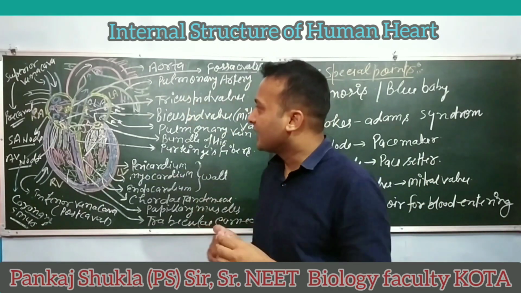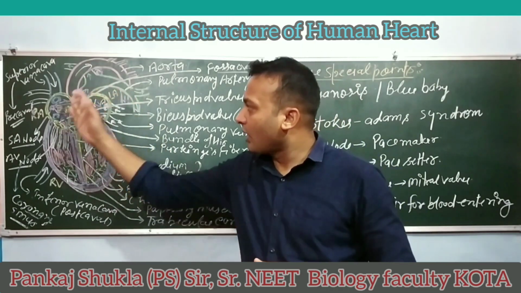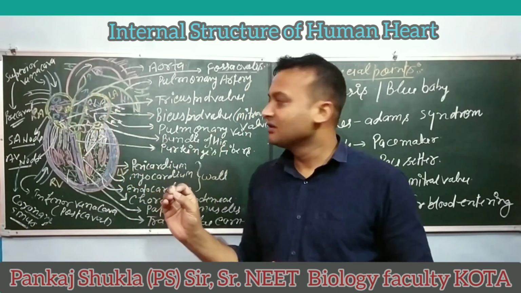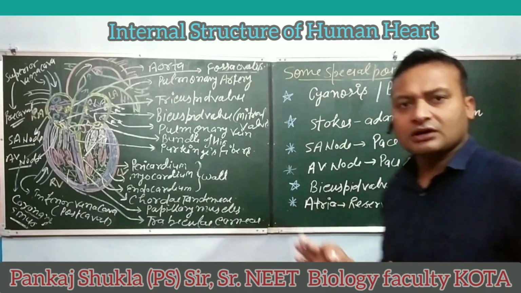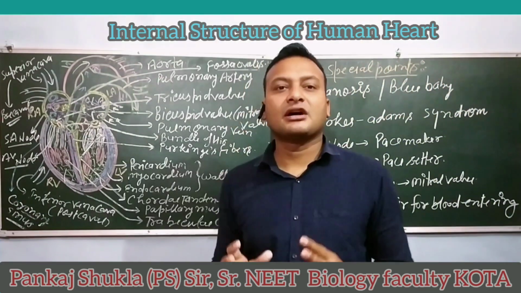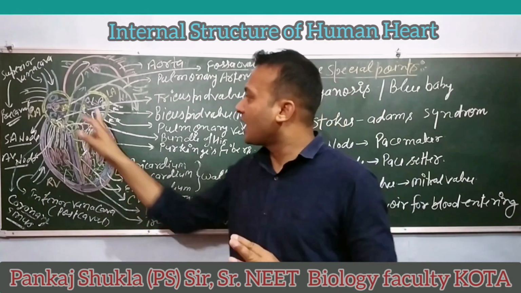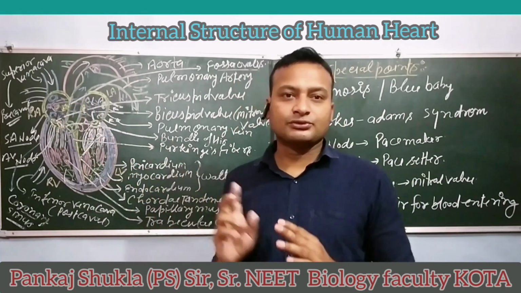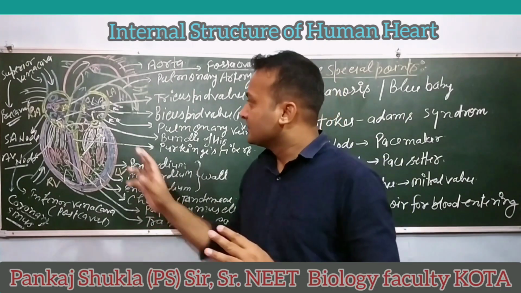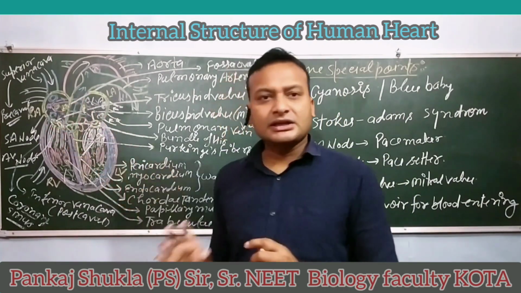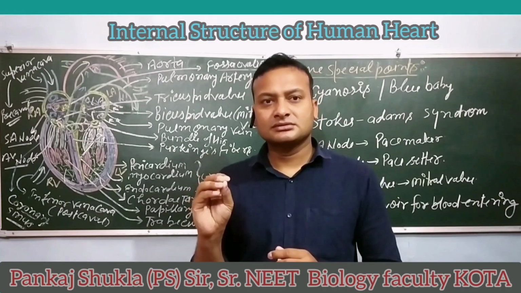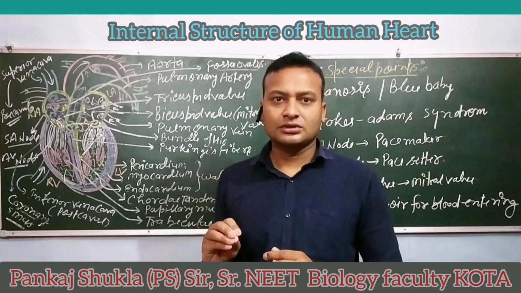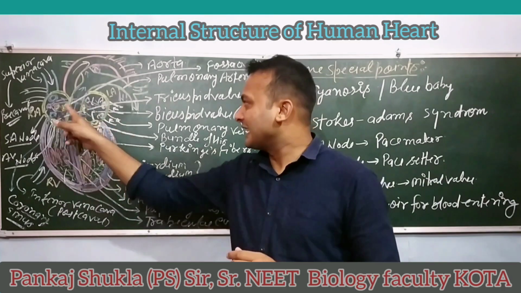We know that the wall of the atria is thin, and it works as a reservoir for blood entry. In the fetus, the interauricular septum has an opening called foramen ovale. But in the adult, this foramen changes into two depressions, right and left.